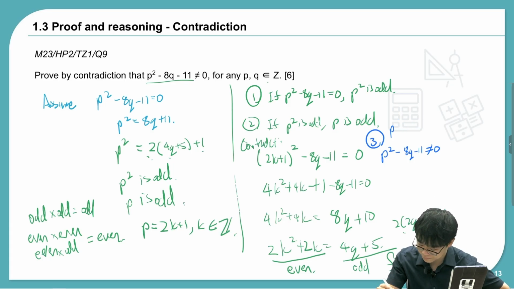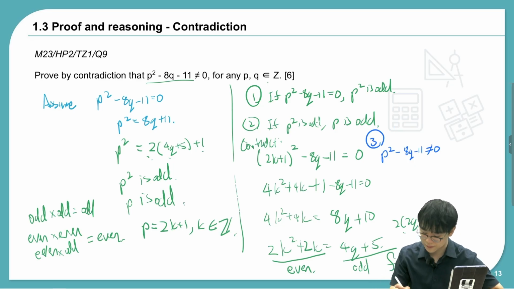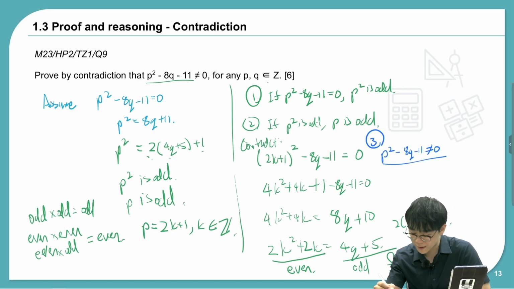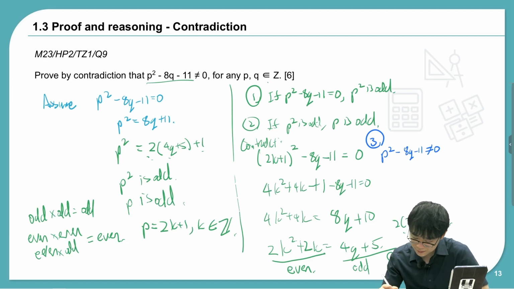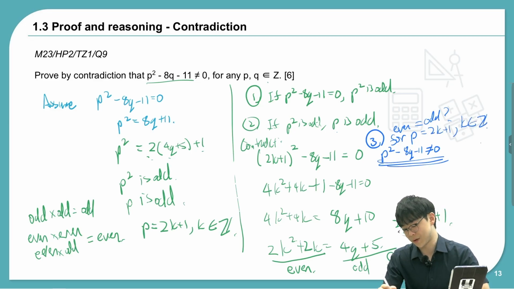So if we put in our K values, we just showed that this yields a statement where an even is equal to an odd. So we clearly show that if P is odd, so for P equal to 2K plus 1, where K is an integer, this statement does not hold.